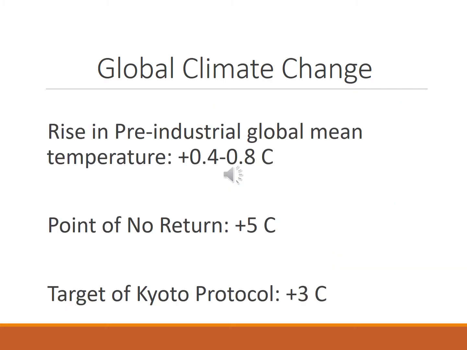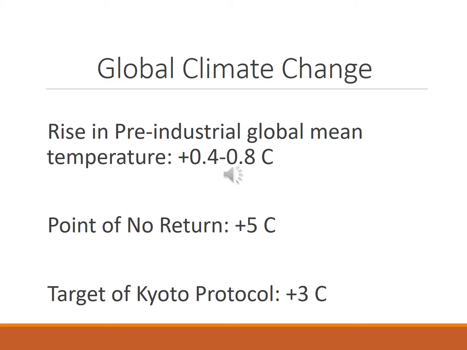The records that we have available to us are pretty clear in terms of the increase in global temperature. Depending on where you take the measurements, the increase in global temperature in comparison with the pre-industrial mean is between a half degree Celsius to a full degree Celsius.